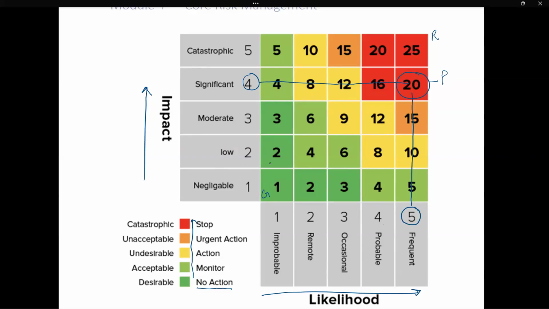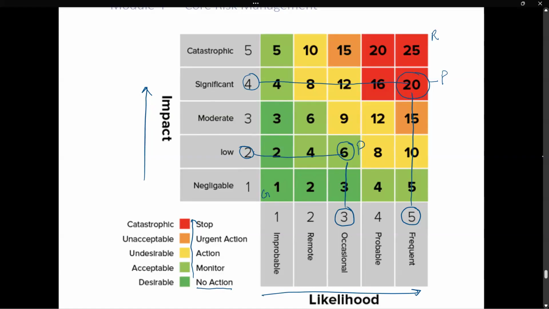Similarly, if I talk about a printer not working, maybe the impact is low and the likelihood might be occasional. If you put this, it will come like this, printer not working.